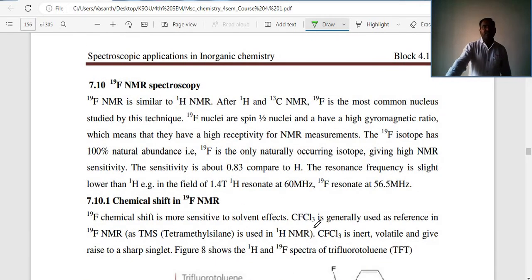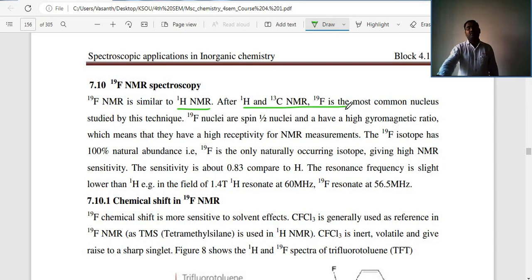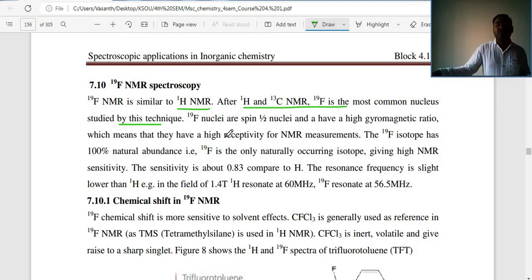Now we are going to discuss fluorine NMR spectroscopy. It is also similar to proton NMR. After proton and carbon-13, fluorine is the most common nucleus studied by this technique. The fluorine nuclei are spin 1/2 nuclei and have a high gyromagnetic ratio.